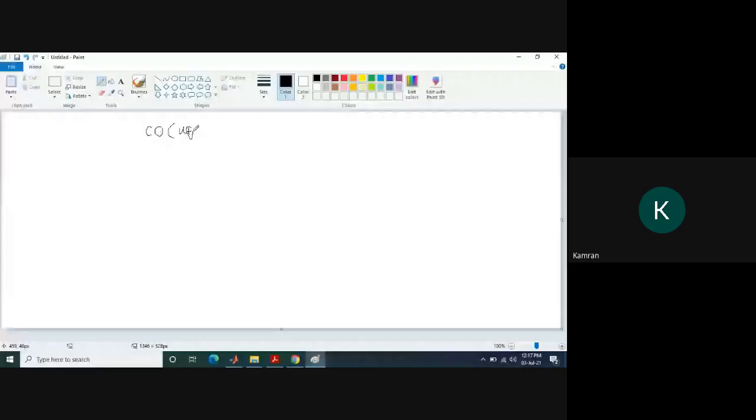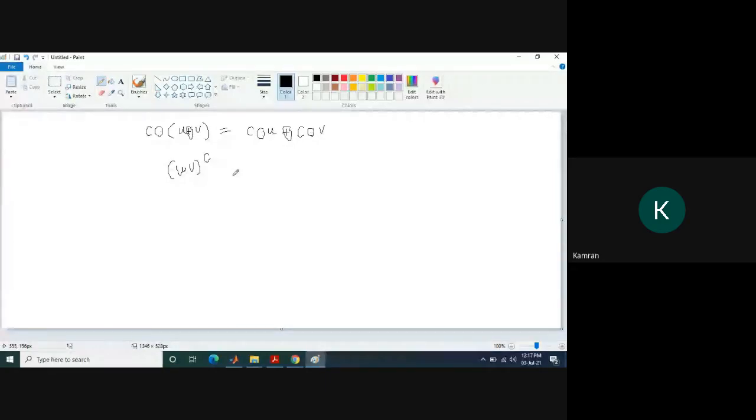The remaining properties E, F, and G, H. Property E is c dot (u plus v) must be equal to c dot u plus c dot v. Now c dot (u plus v): u plus v is uv, so it is uv power c.